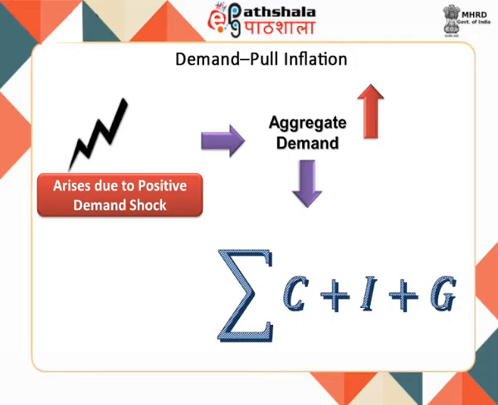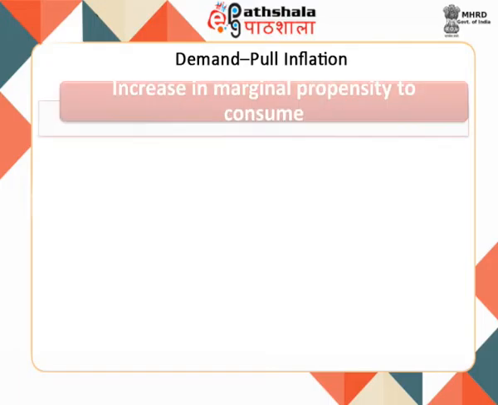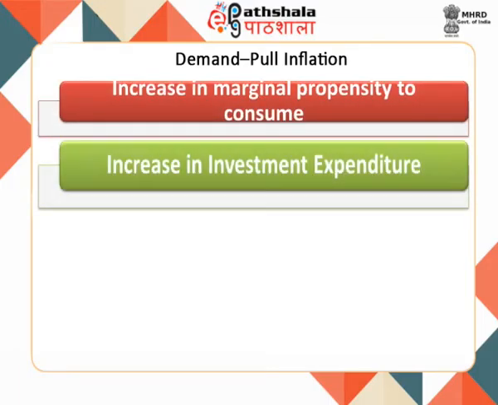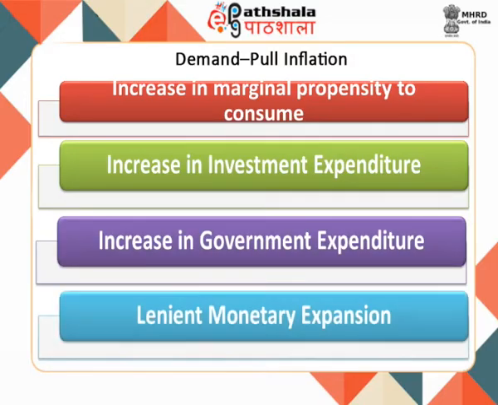Increases in any of these expenditures shall result in the rise of the aggregate demand. Thus, demand pull can be due to increase in marginal propensity to consume, increase in investment expenditure, increase in government expenditure, and lenient monetary expansion.